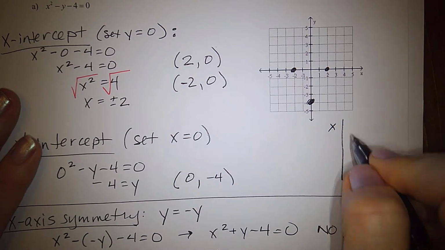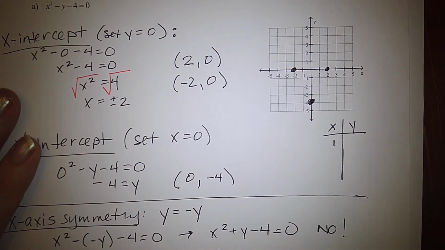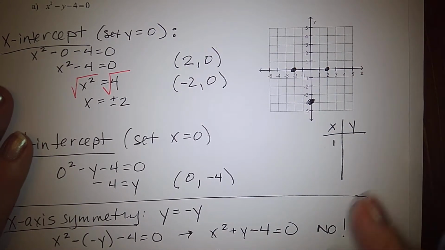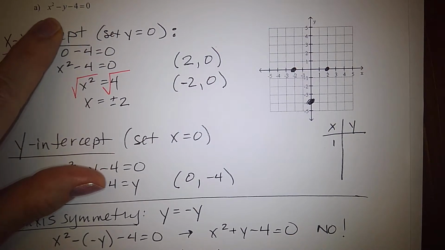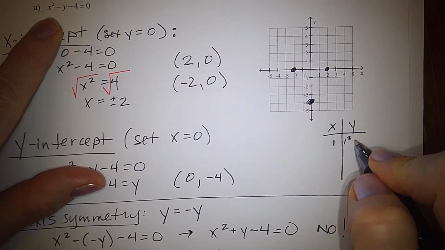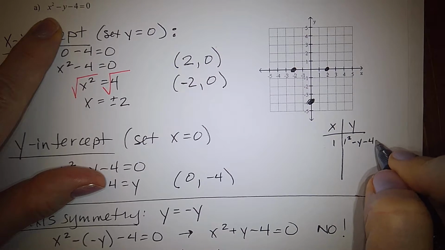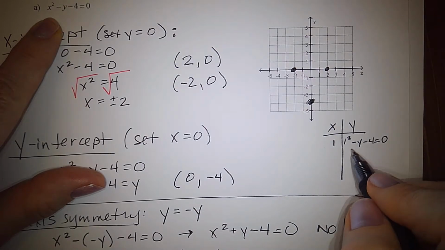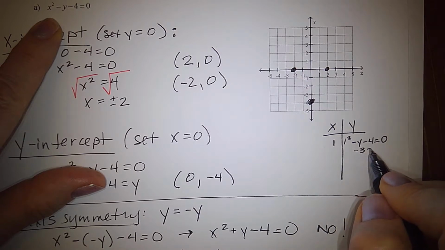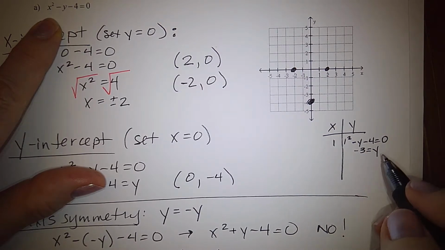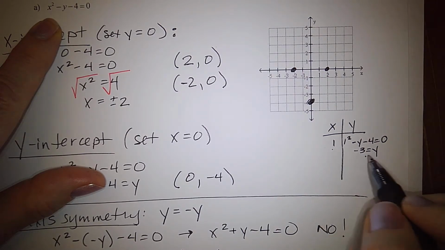I'm just going to make a tiny little table over here, and I'm going to plug in 1 for x. When I plug in 1 for x in the original, that gives me 1 squared minus y minus 4 is 0. And when I solve for y, that gives me negative 3 equals y. So I'm going to have a point at 1, negative 3.